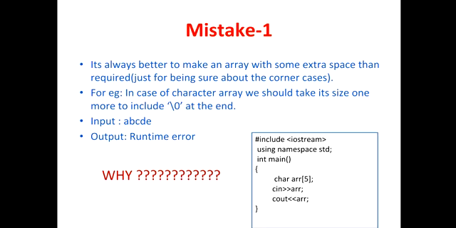For example, if you are working with a character array and you have taken an array of size 5 according to the problem, by looking at this you will think that a string of size 5 can be given to it, like you can give input a b c d e, but when you give it, you'll get a runtime error. Why? Because you always need extra space to include the null character at the end, thus ending up with a runtime error.